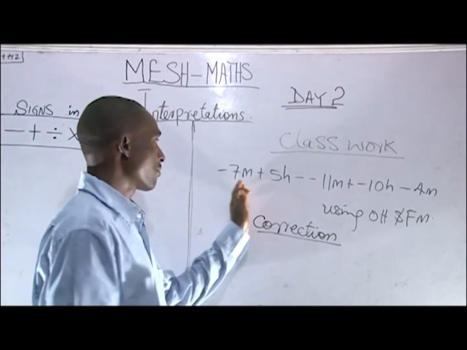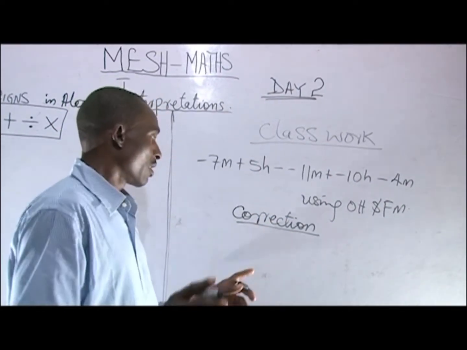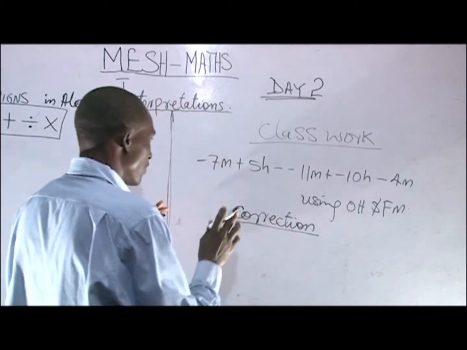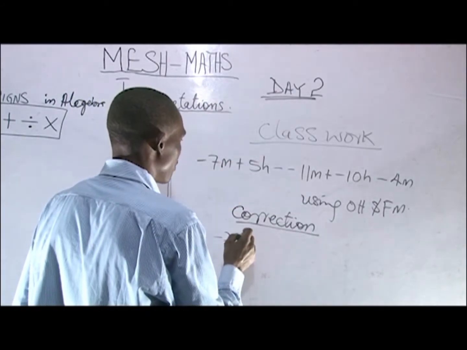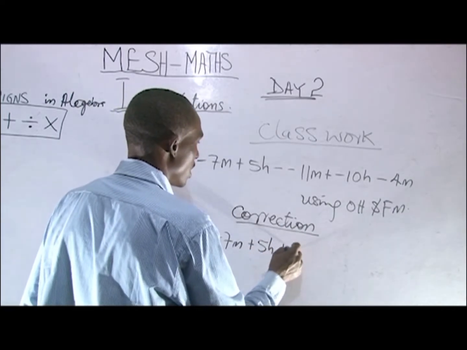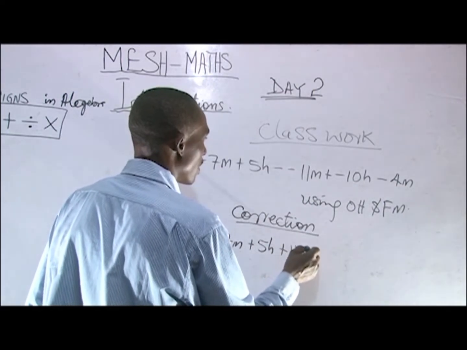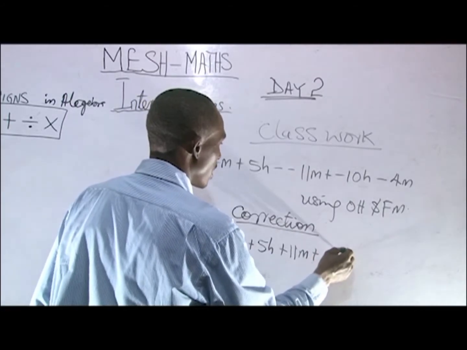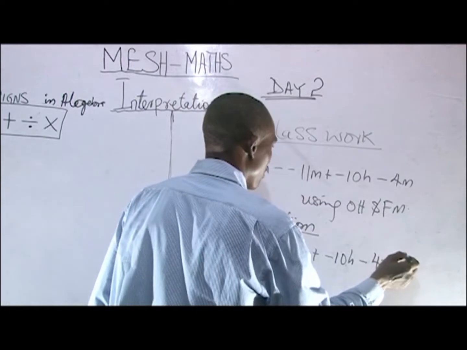Okay, so let's solve this fast. Let's first use OH first. So using OH, first of all, application of TG. So that is minus 7m plus 5h plus 11m minus 10h minus 4m.